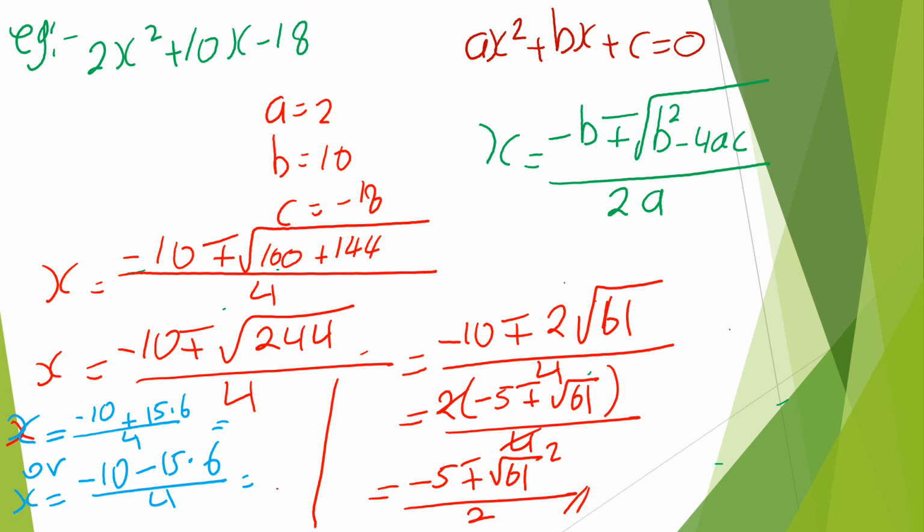Okay, so the first answer is 1.41, just rounding, and then the next one is negative 6.41. So those are the two answers.